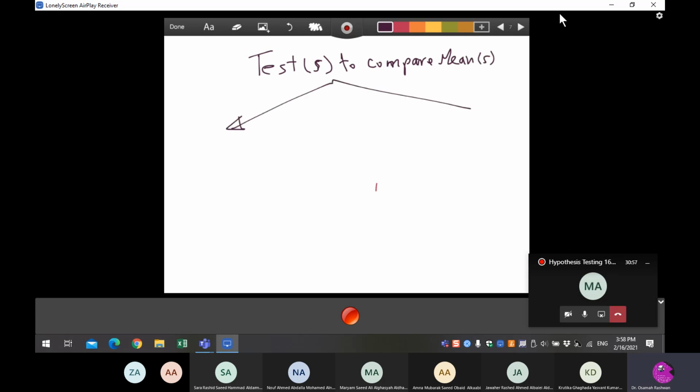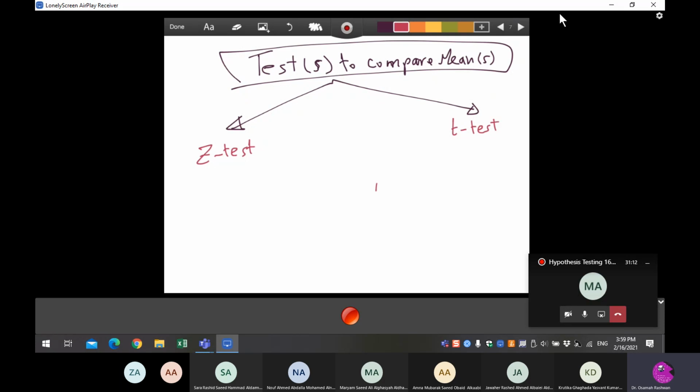We have two types of test here. The first one, we call it Z-test. And the other one, we call it T-test.